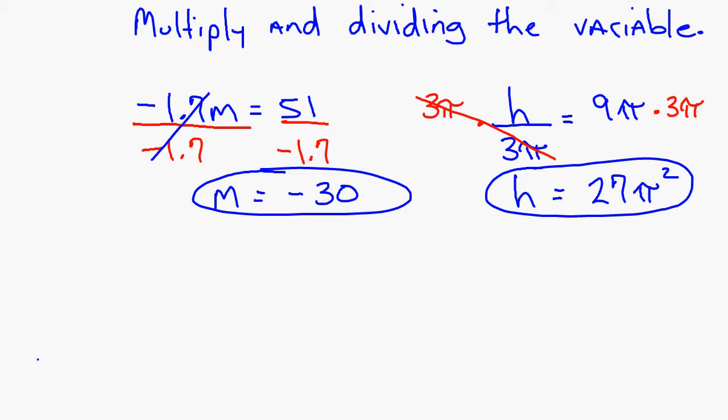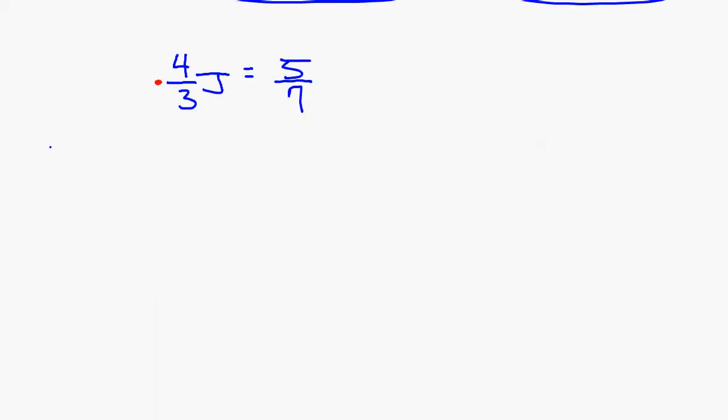If your variable has a fraction in front of it, then you are going to multiply each side by the reciprocal. You're going to multiply this side by 3/4, and you're going to multiply the right side by 3/4.